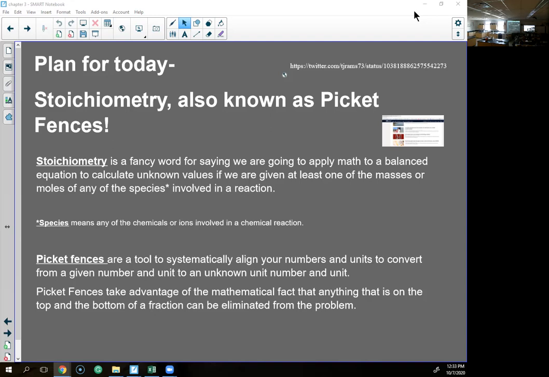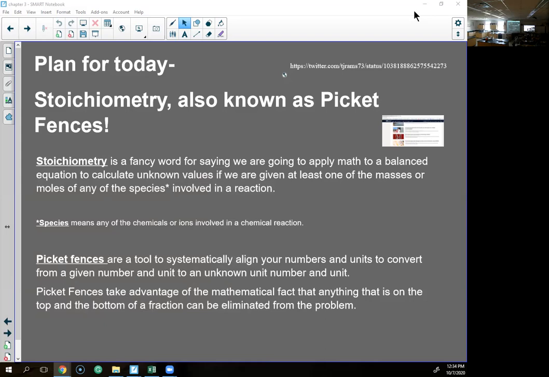All right, so plan for today. Stoichiometry, also known as picket fences. Stoichiometry is a fancy word for saying we are going to apply math to a balanced equation to calculate unknown values if we are given at least one of the masses or moles of any species involved in a reaction. That was fun to say. Species means any of the chemicals or ions involved in a chemical reaction.